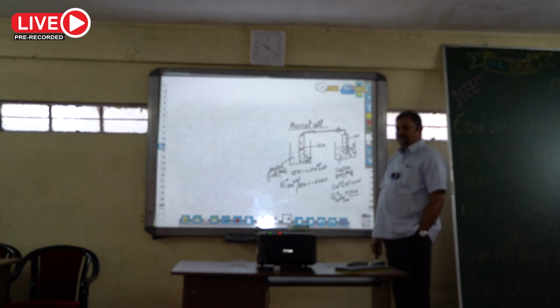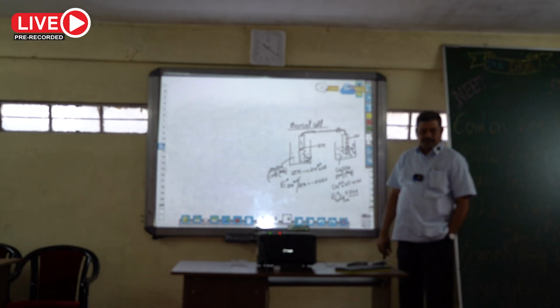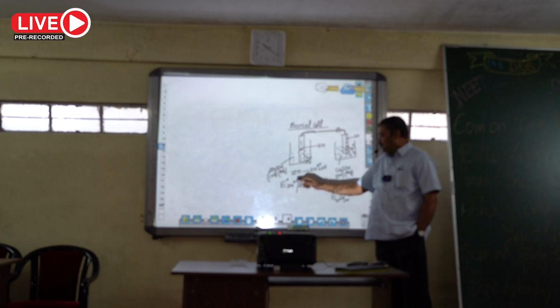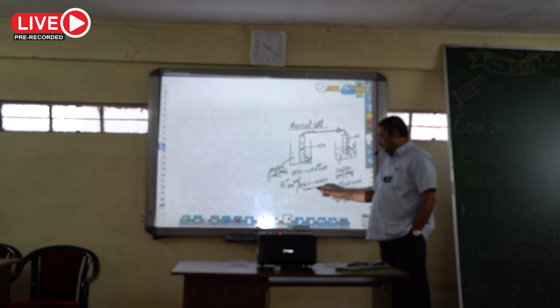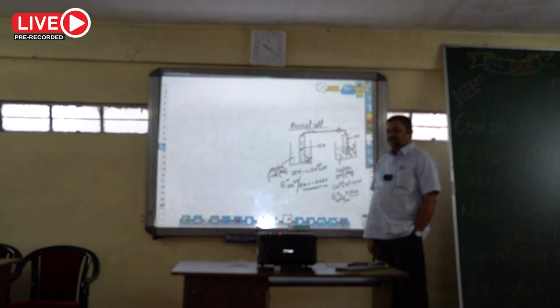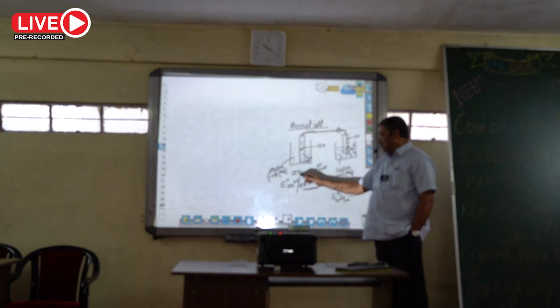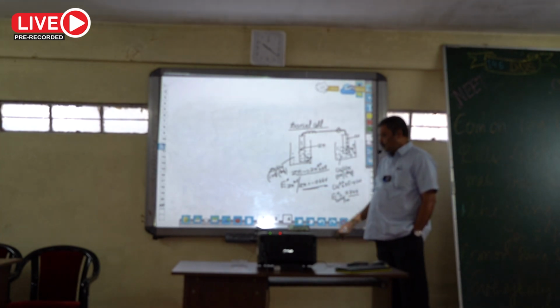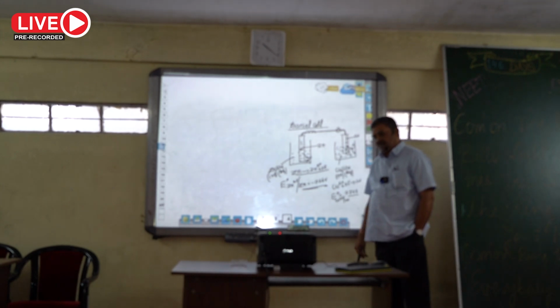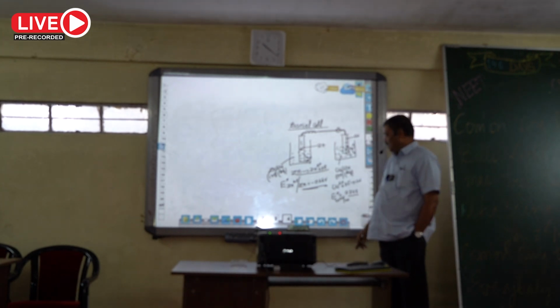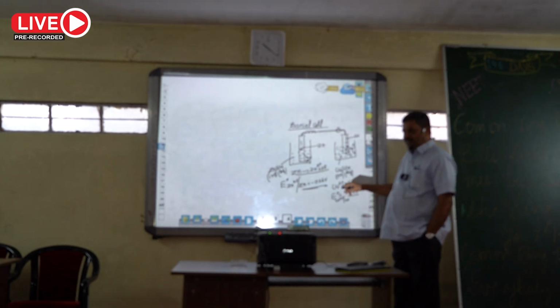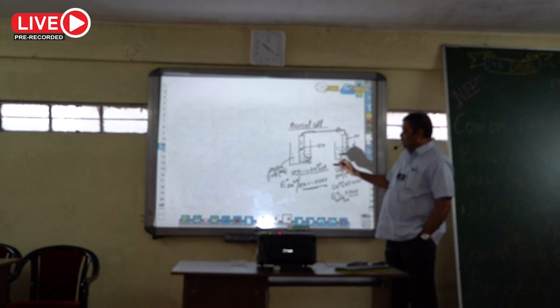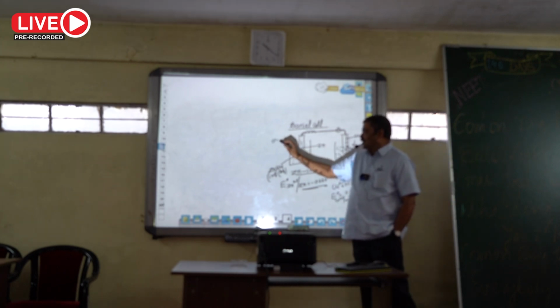So this is a very easy comparison at this juncture. The negative value of SRP indicates that it is undergoing oxidation. Loss of electrons is called oxidation. Addition of electrons is called reduction. So this is called the oxidation half cell.